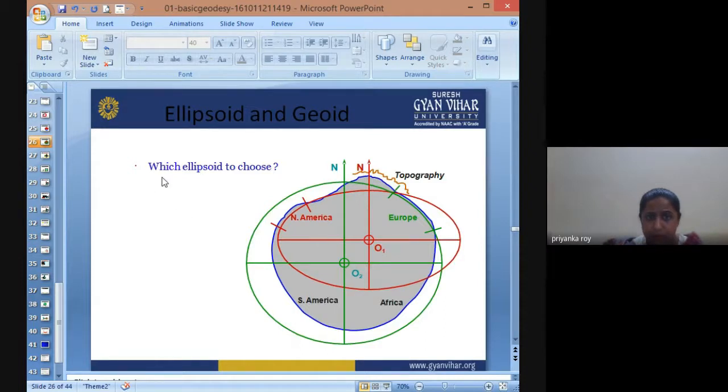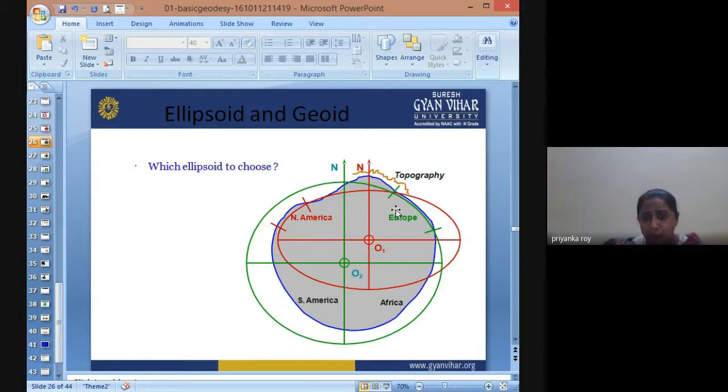Now here this is the third circle. This is the geoid circle. Earlier the red circle showed the ellipsoid, which represents North America well, but there is a deviation in the representation of the European continent. America, Africa is nowhere close to it.